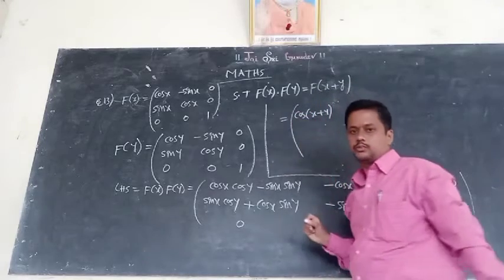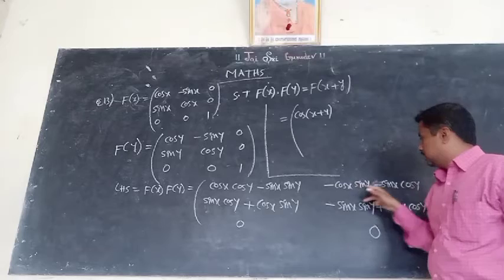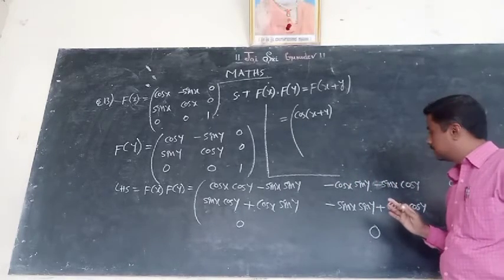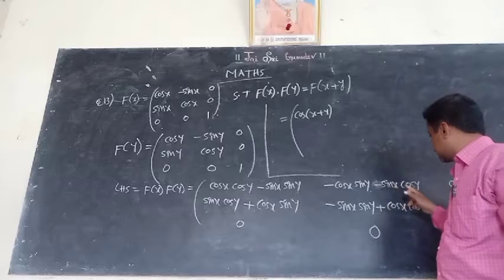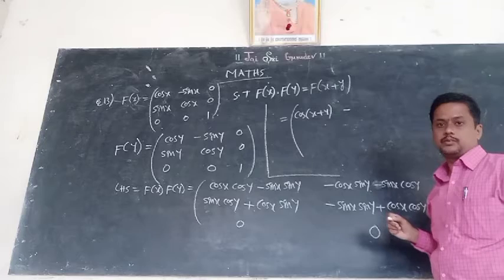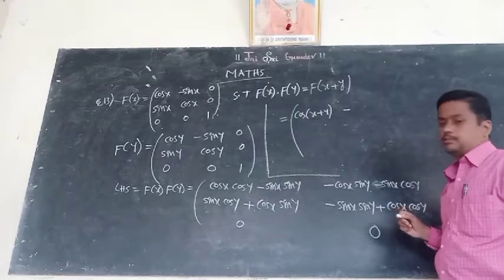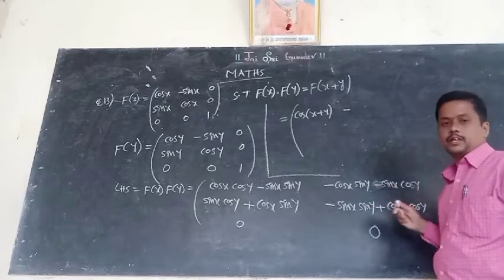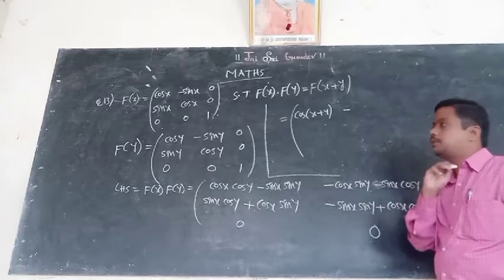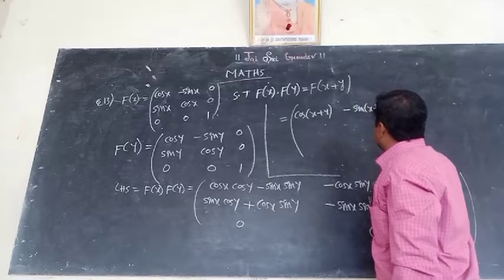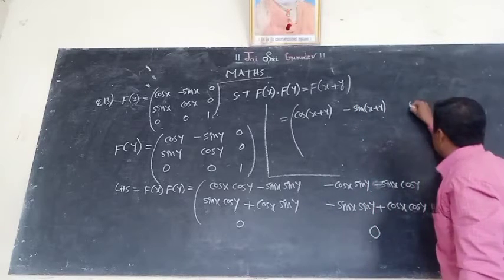Next, the minus is there, so take minus as common: sin x cos y plus cos x sin y. What is the formula? sin(x+y). So minus of sin(x+y), and 0 will be 0.